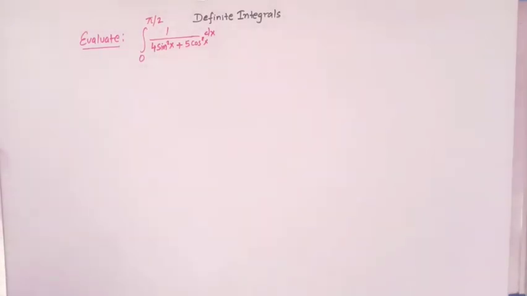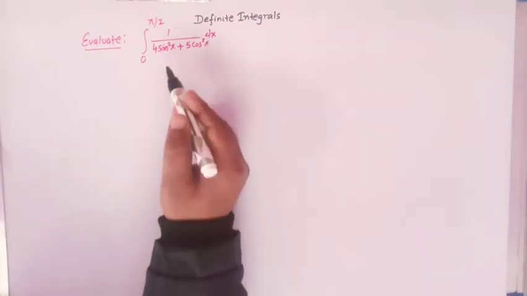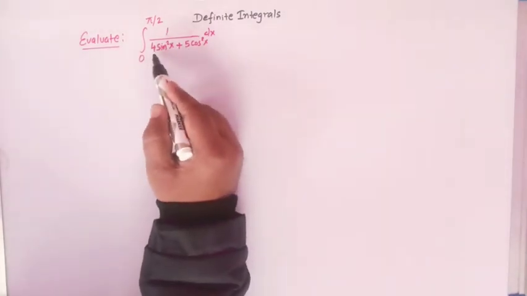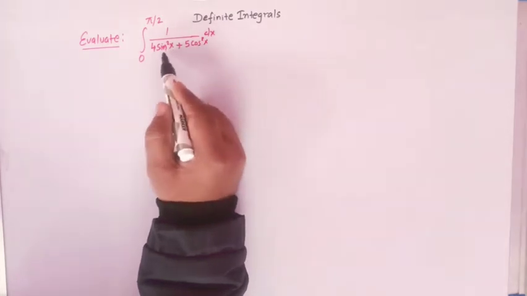Hello viewers, in today's class we are going to discuss one important definite integral in which the denominator is a function of sine square x and cos square x, right?